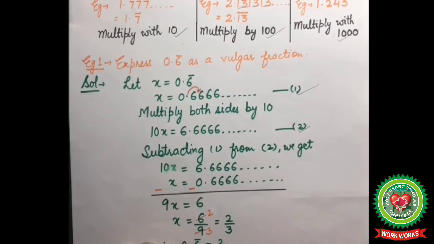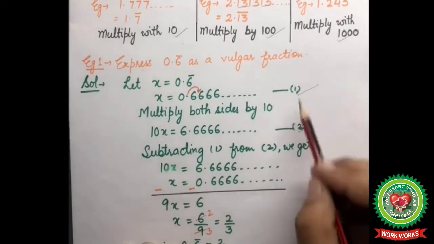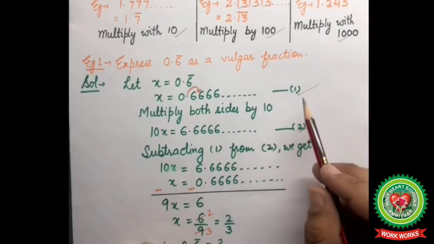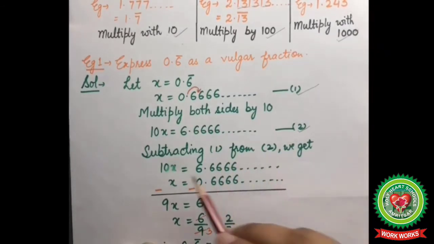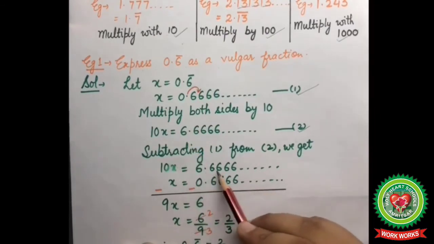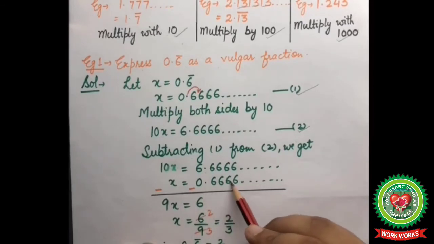Now the last step that we are going to do is subtract 1 from 2. So we are going to do the subtraction of equation number 1 from equation number 2. So we write 10x is equal to 6.6666 and so on, and x is equal to 0.6666 and so on.